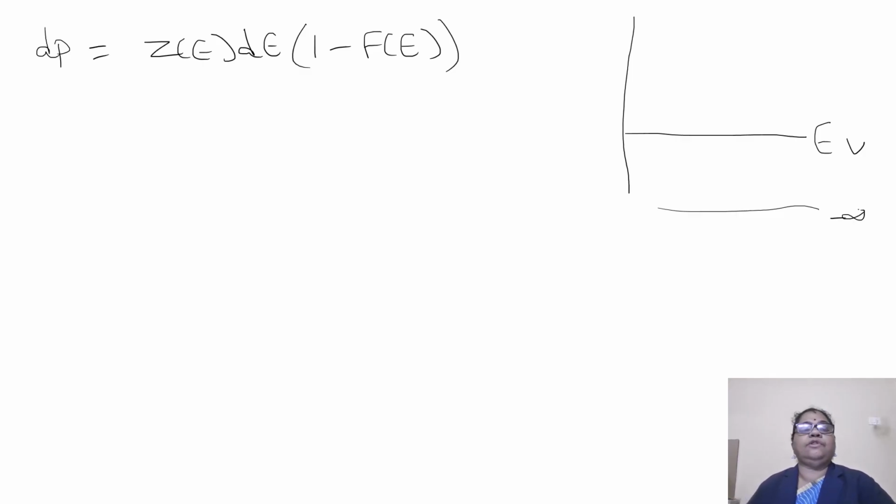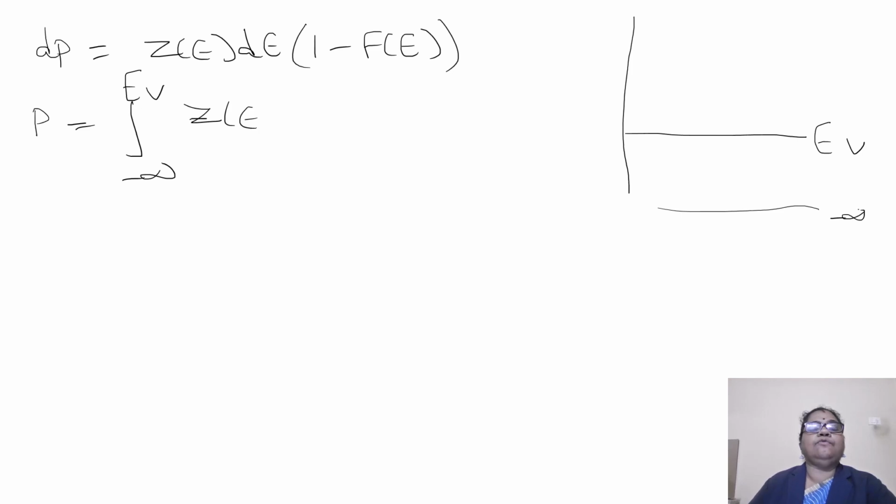That can be derived here. The number of holes P is the integral from minus infinity to EV of Z of E dE into 1 minus F of E. Okay, so this is the basic expression.